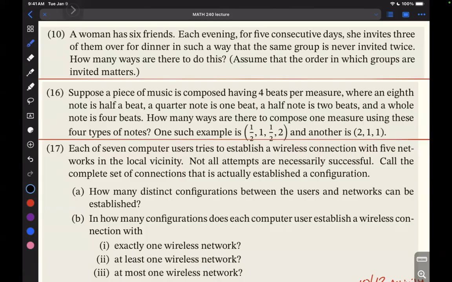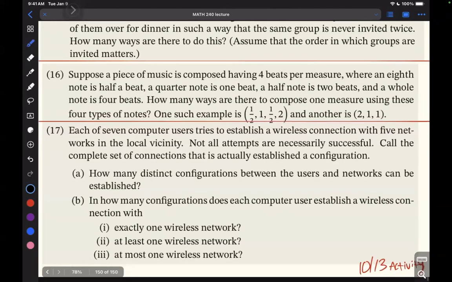So how many ways are there to do this? Assuming that the order in which you invite groups matters, like I'm inviting this group on the first day, this group on the second day, on the third, and so on. So the order invited matters, but the makeup of the group does not matter. So that's one of the questions.